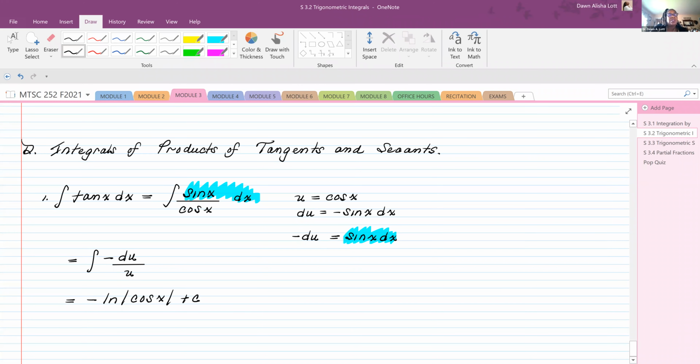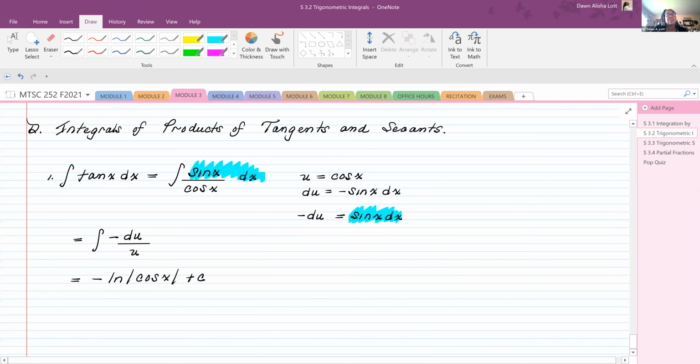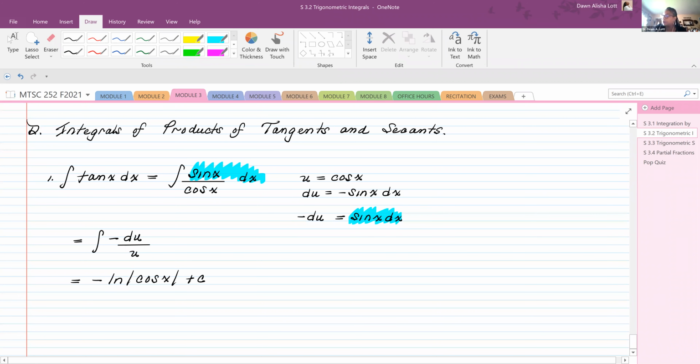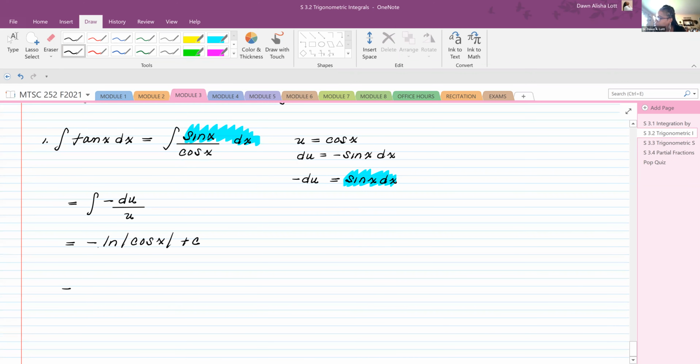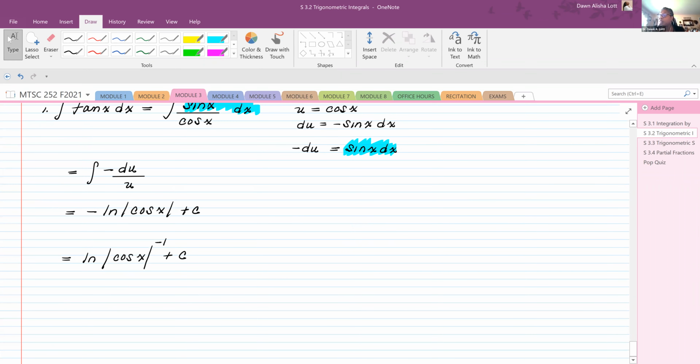But tangents and secants are partners, so we write this as the log of the cosine of x raised to the -1 power plus c. Not the inverse cosine, but the cosine raised to the -1 power. So I get the log of the absolute value of secant of x.